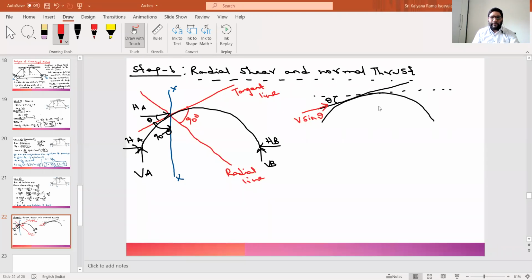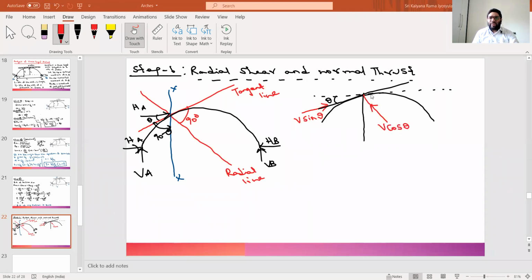This is actually the vertical line. We are just trying to resolve it in a simple manner. There is no complication here. Straightforward resolving. And this is V cos theta.